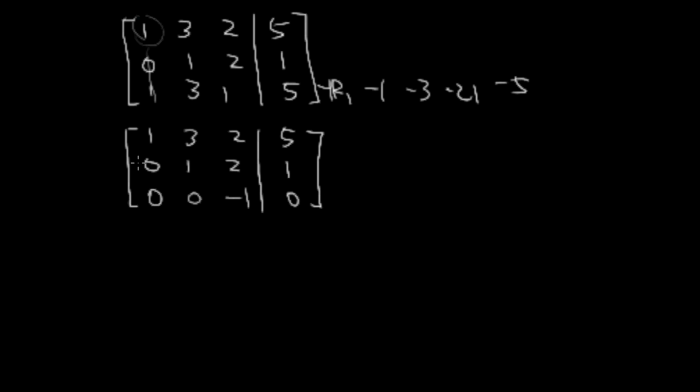Next we go to the next row and we move from left to right, which this is the number we're trying to get the leading one for, and we need to clear the column. So we're going to use negative 3 times row 2 to get this to a 0. Negative 3 times row 2 is 0, negative 3, negative 6, and negative 3.